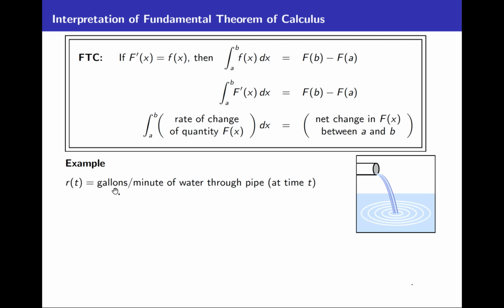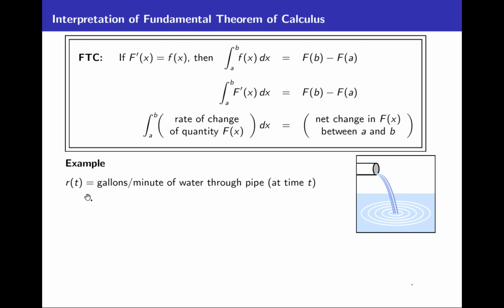So r of t gives the instantaneous rate of change of water through that pipe at time t. So for example, at time t equals 35, say, water may be gushing out of this pipe at a rate of 375 gallons per minute. And at some other time t, it may have tapered off to a trickle. The instantaneous rate of change might be 0.5 gallons per minute of water through the pipe.